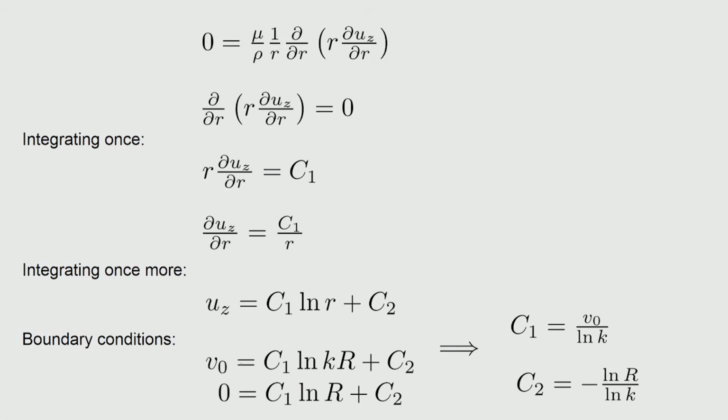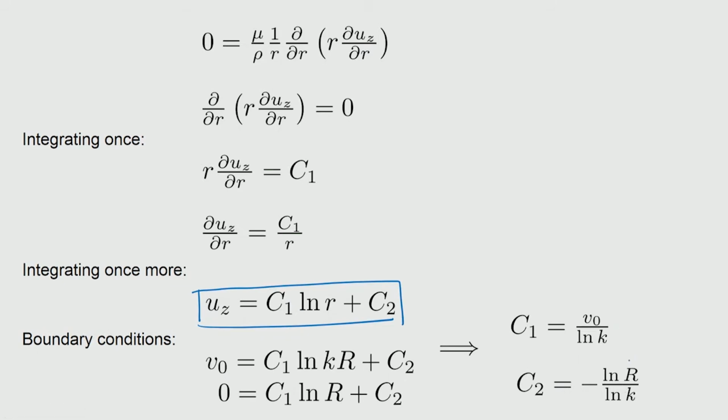Now in this situation we are not dropping the logarithmic term, because the domain is not containing r goes to 0, so we do not have a problem. Okay, so we have this as a functional form. When we integrate twice, we get 1 by r, and then the second time we get logarithm of r, and the boundary conditions will be used to determine the values of C1 and C2.